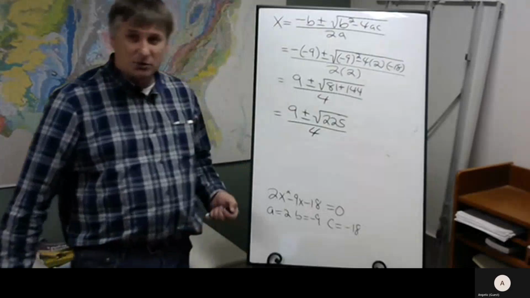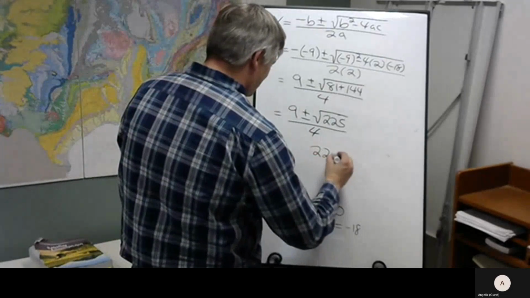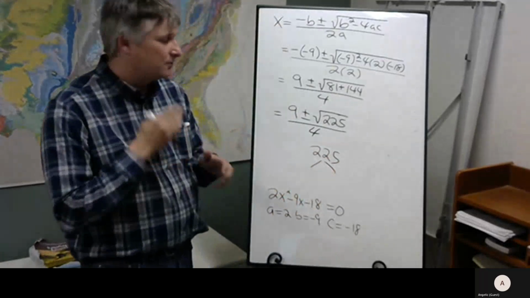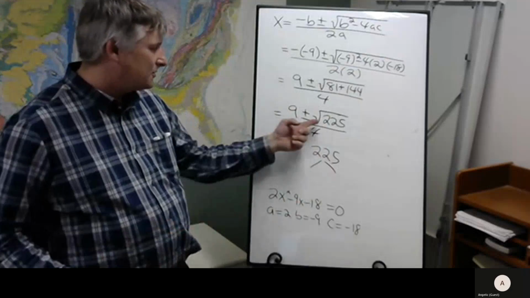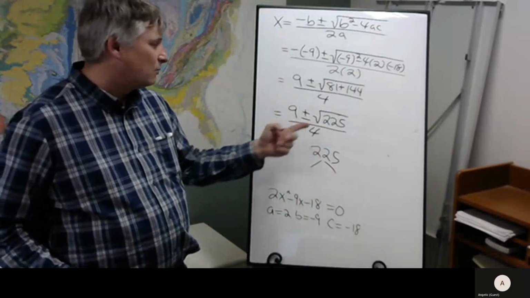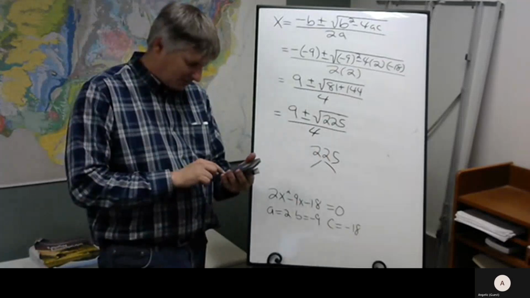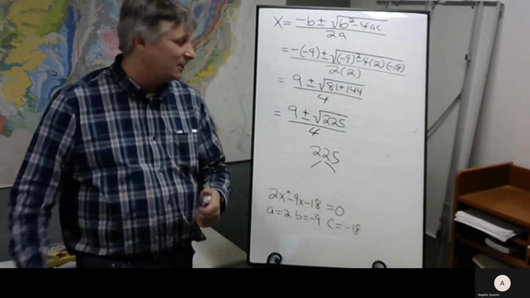So we can break 225 down. Now, one thing you could always try to do is try the square root. And if you try the square root of 225, what you're going to get, let's see, is it 15? Yeah, you're going to get 15.